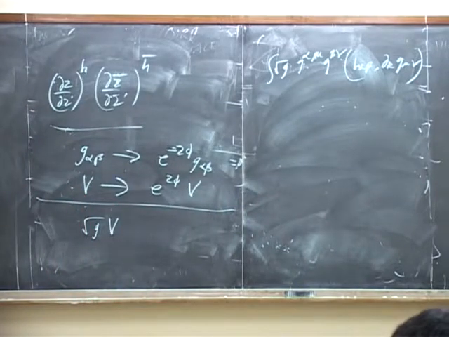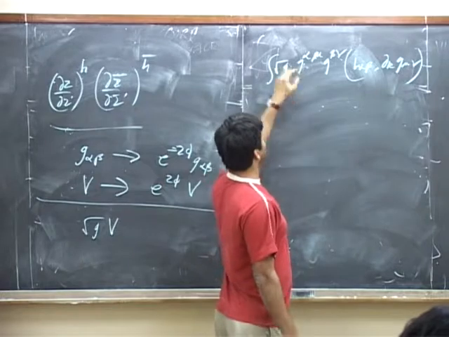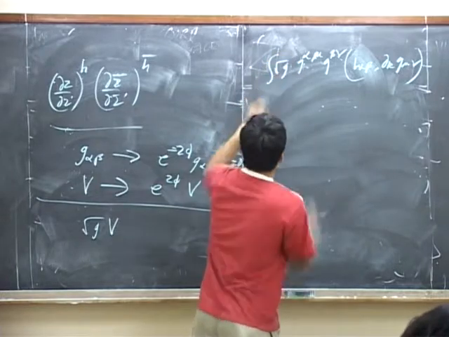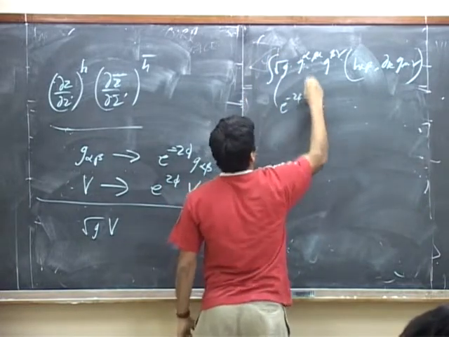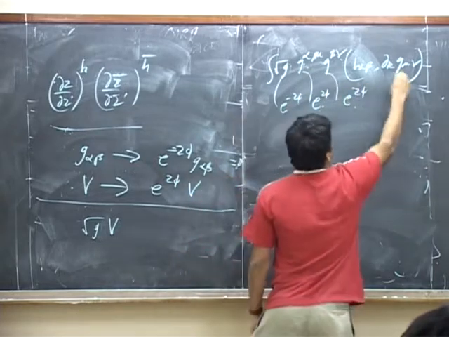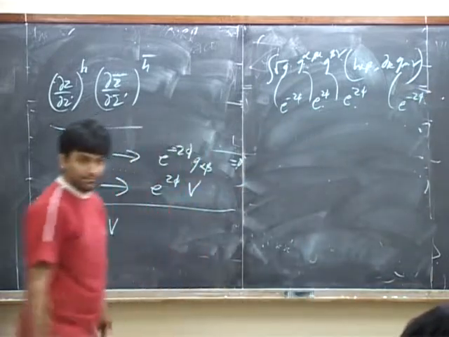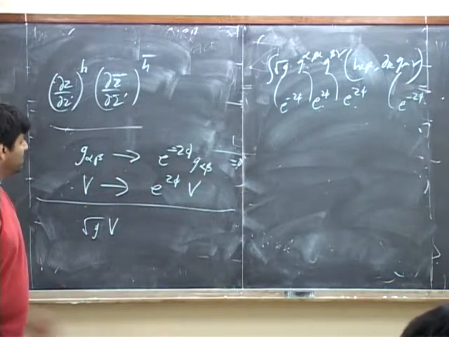Now suppose we form a Weyl transformation of this. First, let's count weights. Suppose this transforms like e to the power minus 2 phi, this transforms like e to the 2 phi, this transforms like e to the 2 phi, this transforms like e to the power minus 2 phi. So this looks okay.